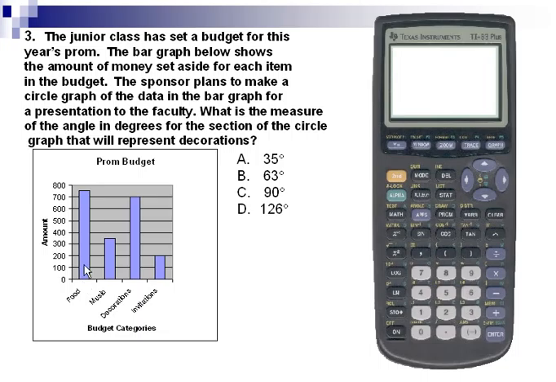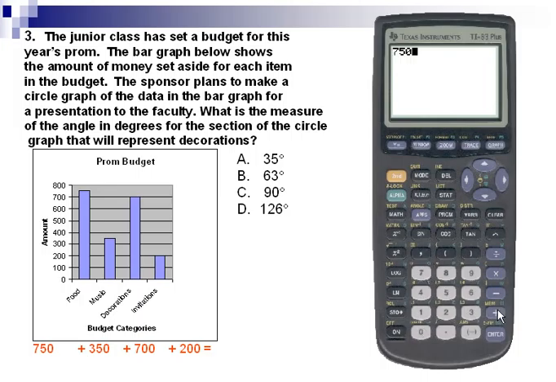First, we need to read our bar graph. According to the bar graph, they spent $750 for food, $350 for music, $700 for decorations, and $200 for invitations.